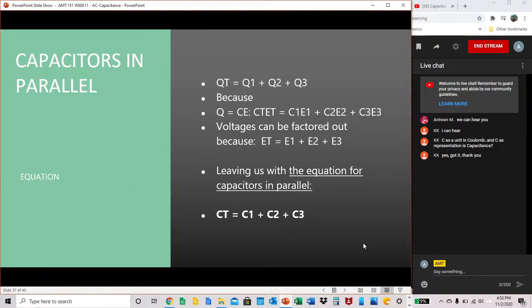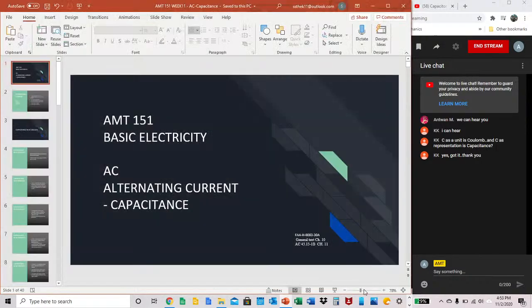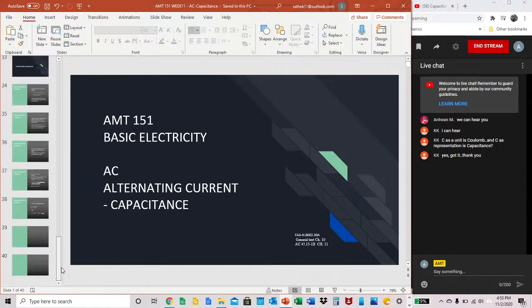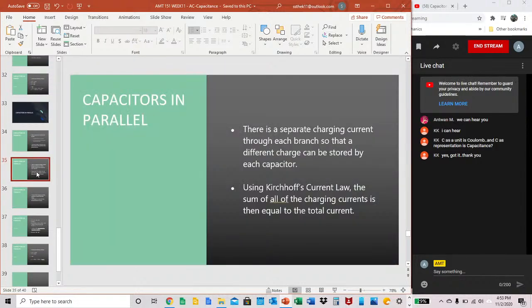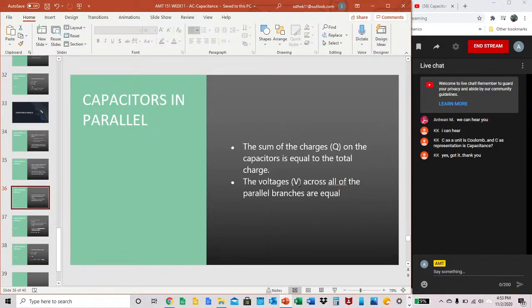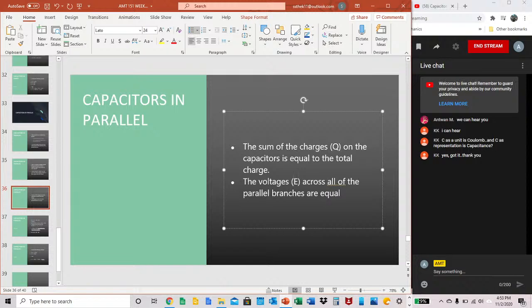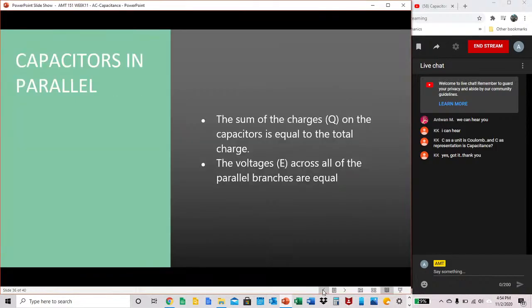Oops, I'm actually going to fix that because I'm going to make this E, because we're talking about voltages in terms of capital E. You can use a capital V as well, but your book uses voltage in terms of a capital E for your equations, so I don't want to confuse you guys. The voltages, capital E, across all of the parallel branches are equal.